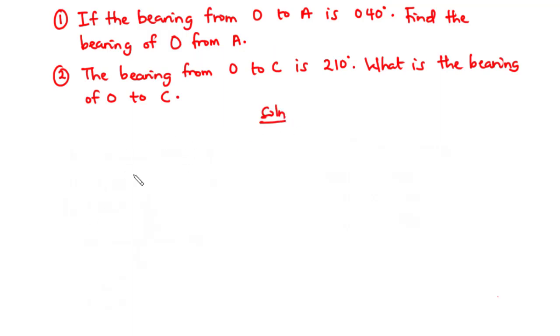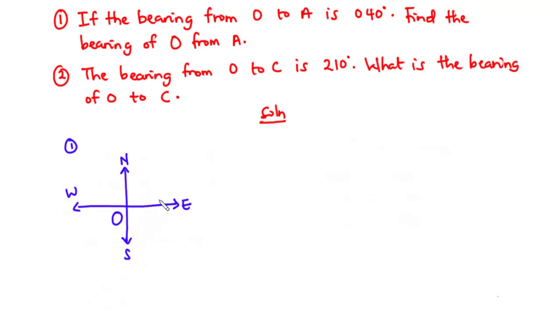So let's draw our compass. So we have the north, the east, the south, and the west. So this is our reference point, that is point O. And we are told that the bearing from O to A is 40 degrees.